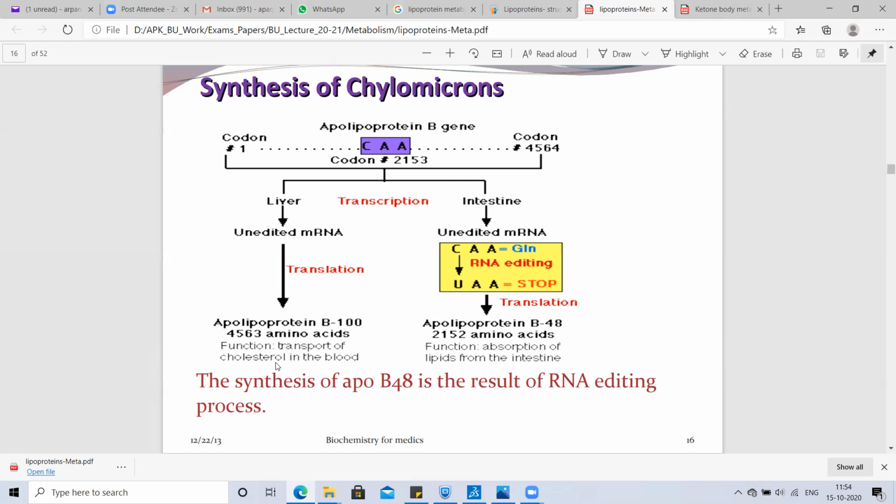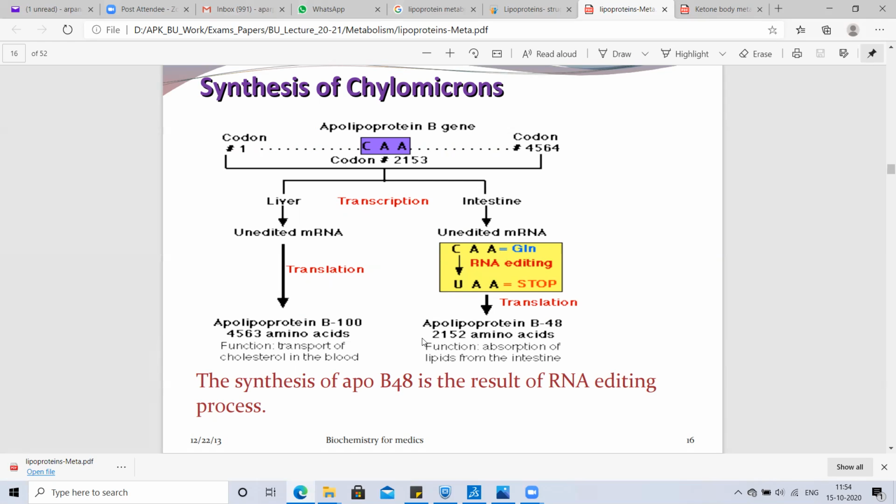But what happens in the intestine? The same mRNA gets edited. That is, after CAA, glutamine, it gets converted to a stop codon, and translation stops exactly midway.